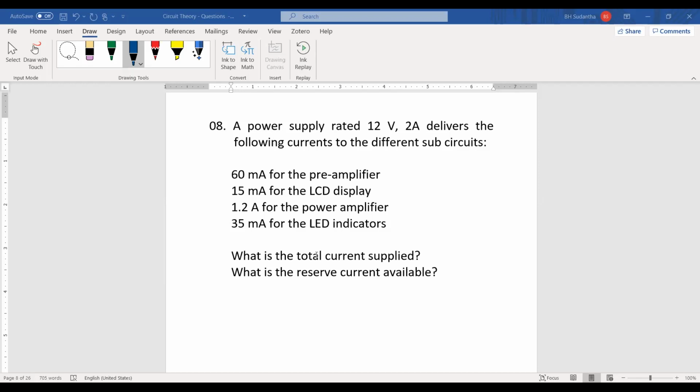Okay, this is the positive voltage line coming to these circuits. This is the positive voltage line.